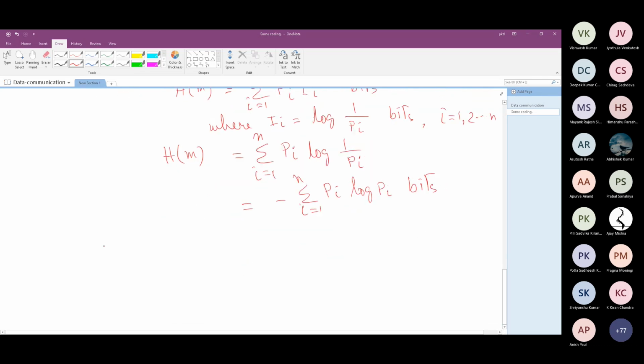While discussing source coding, we shall use these. Entropy is maximum when all messages are equiprobable.